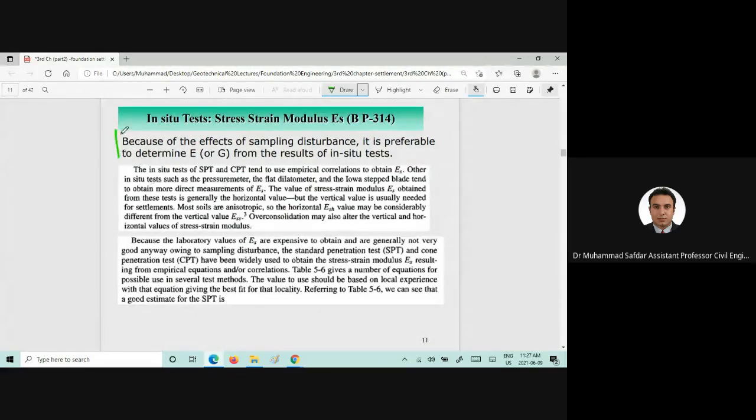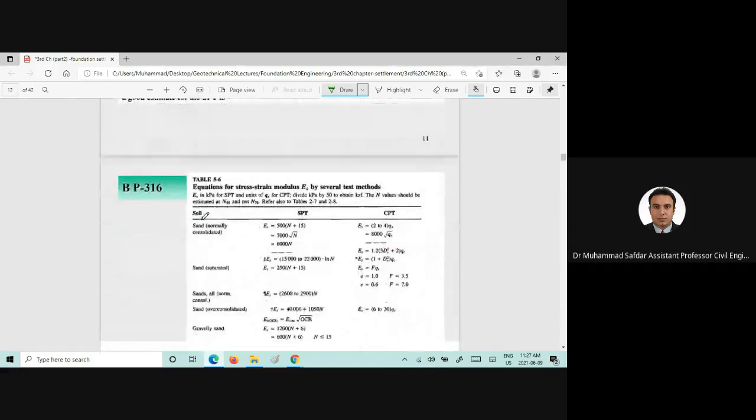Now, because of the effects of sample disturbance, it is preferable to determine E, or the shear modulus, which is G, from the results of in situ tests. And for that purpose, standard penetration tests or cone penetration tests are performed, and others which will be discussed in today's lecture.